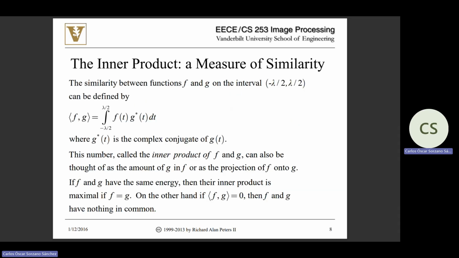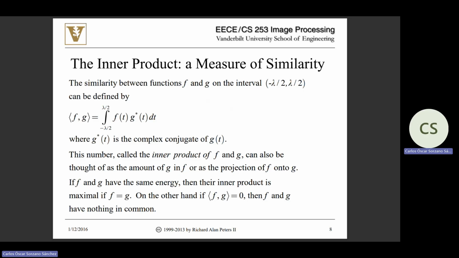Okay, then let us introduce some vector notation. Let's say that functions are also vectors. They are vectors in some vector space of functions. If they are vectors, you can compute the inner product between two vectors. How do you define it?